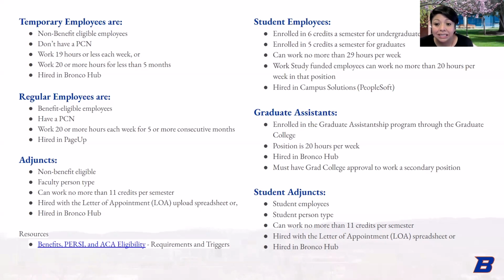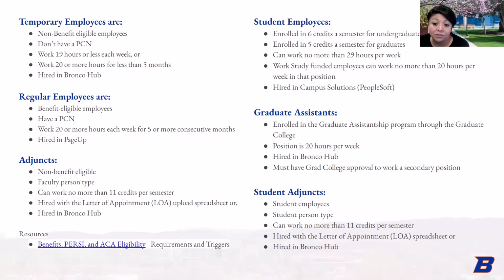Graduate assistants are in an active graduate assistantship program that is managed through the graduate college. These are typically 20 hours a week, sometimes 10. They are hired through Bronco Hub, or they can be done on an upload through the graduate college. And they must have graduate college approval prior to working a secondary student position on campus.